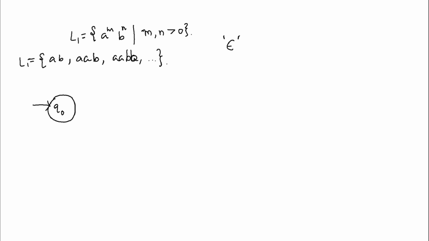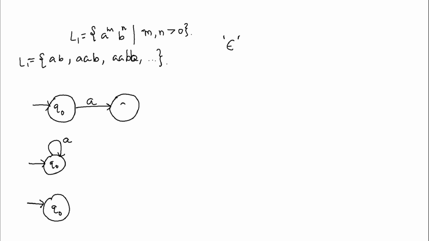Okay, now there are 2-3 approaches that we can take to see how things progress. Consider these two. We want a to the power m, so we have to have a loop on the same state.